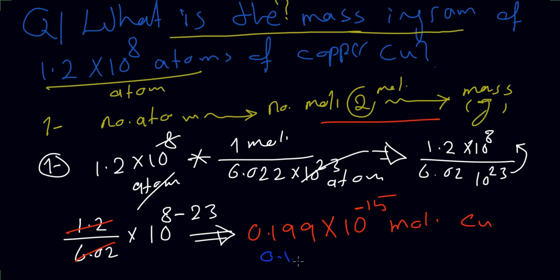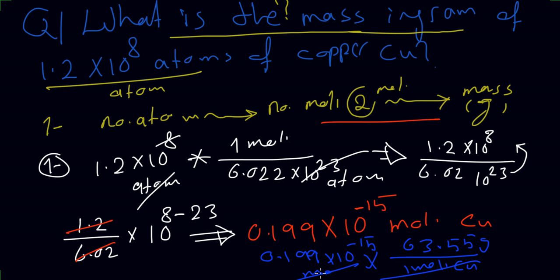You have this number, 0.199 multiplied by 10 to power minus 15 mole, multiplied by its molar mass. Okay, 1 mole of copper is equal to 63.55 gram. Mole and mole cancelled.